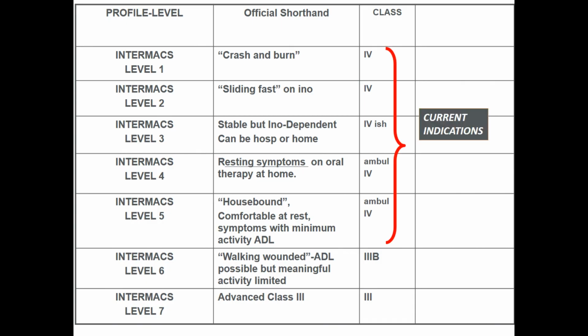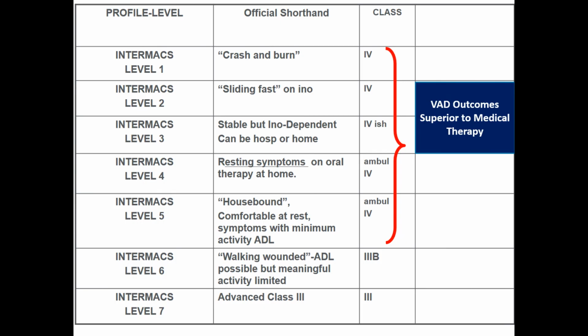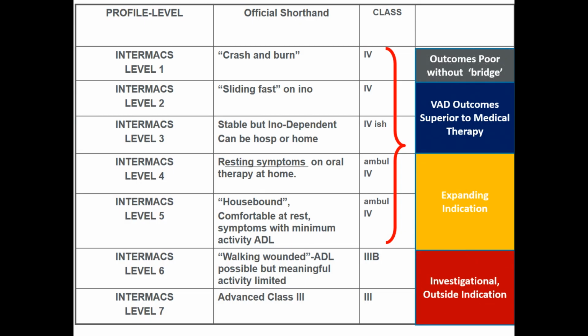The patients for whom durable LV support is indicated are generally those with INTERMACS 1 through 5, although in general the best outcomes are those with INTERMACS 2 and 3, reflecting those who are either stable on inotropic support or deteriorating on inotropic support. Those at the INTERMACS 1 level of the spectrum tend to be those with critical shock who are probably too sick and in whom temporary support should be considered.